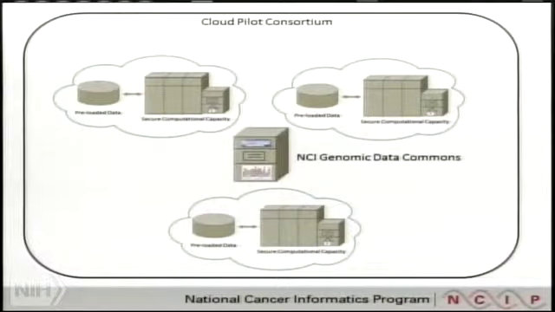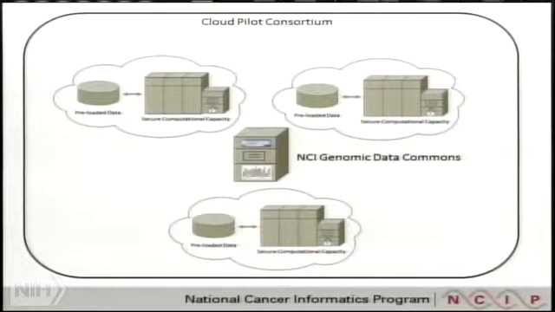And this consortium would include the NCI Genomic Data Commons, obviously the entity that's going to be creating a core data set, which in this case would be the DNA and RNA-seq plus the clinical annotations that would be going to all the clouds. That would give us an opportunity to do some level of pan-can analyses as well as providing some way of evaluating apples to apples.